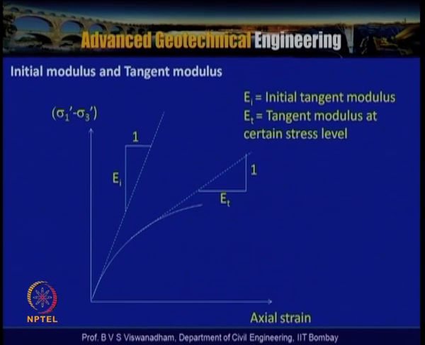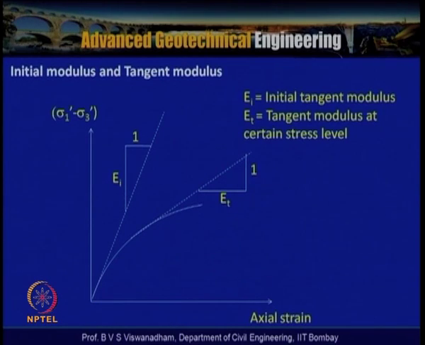In the triaxial test, for an unconfined compression test or unconsolidated undrained test, with sigma 3 equal to 0, we get sigma 1 versus epsilon. From there we can interpret to some extent the initial tangent modulus and secant modulus up to a certain stress level.